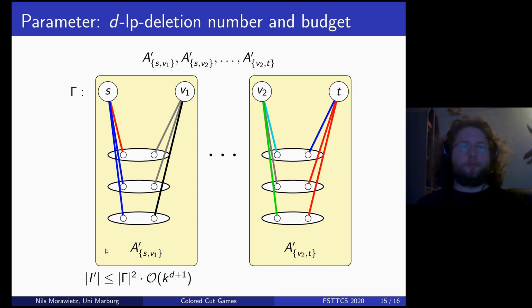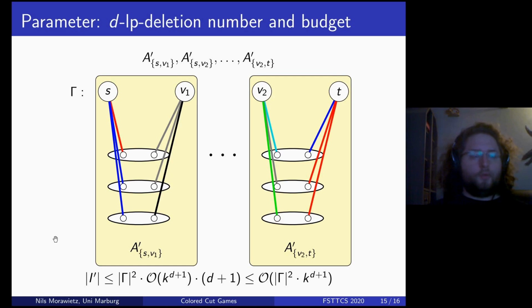The size of this new instance is at most gamma choose 2, or gamma squared, many collections of color sets. Each of these collections has size at most O of k to the d+1, and each of the color sets in each collection has size at most d+1. So in total, the whole instance size is bounded by O of gamma squared times k to the d+1.